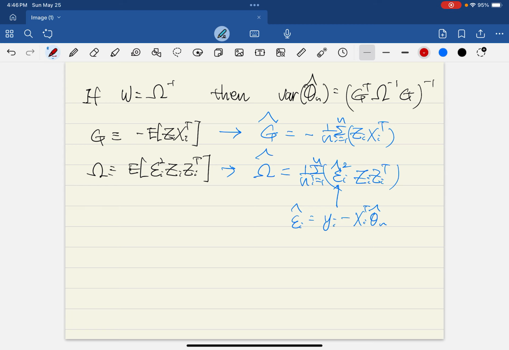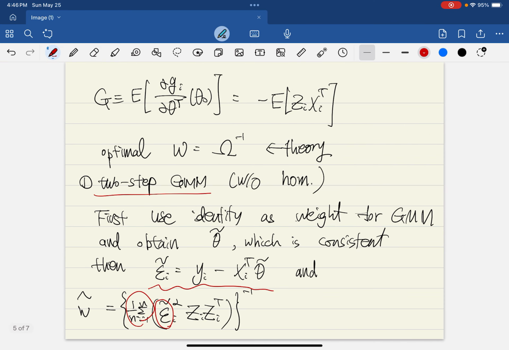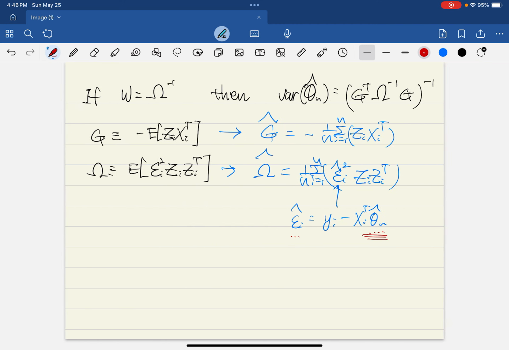The difference from the earlier part is that this residual requires the estimated GMM estimator, but when you implement two-step GMM, you have to calculate the residual before calculating the final GMM estimator. So you instead use a preliminary estimator which is still consistent.